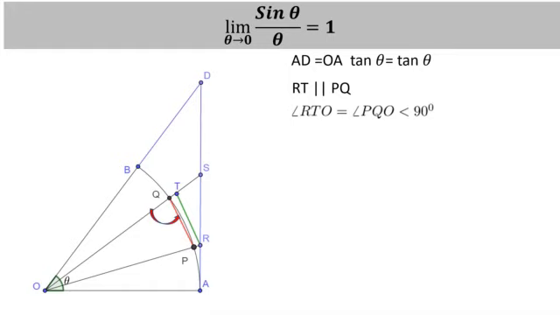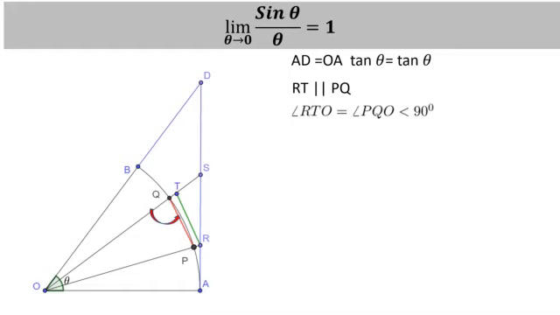Please look at angle PQO: it is one of the equal angles of the isosceles triangle OPQ, since angle Q and angle P are equal, so angle PQO is less than 90 degrees.